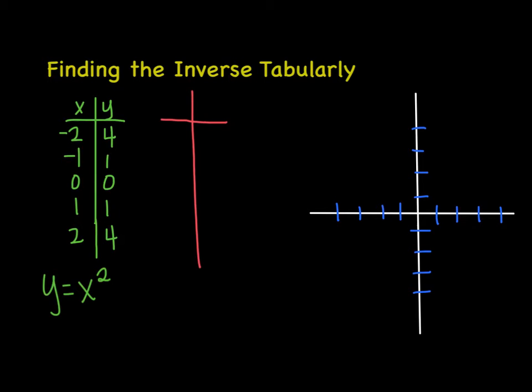So -2, 4 becomes 4, -2. -1, 1, 0, 0, 1, 1, 4, 2. We just switch them. So what I want you to see is what this graph looks like. So -2, 4, and again I'm freehanding this, -1, 1, 0, 0, 1, 1, 2, 4.